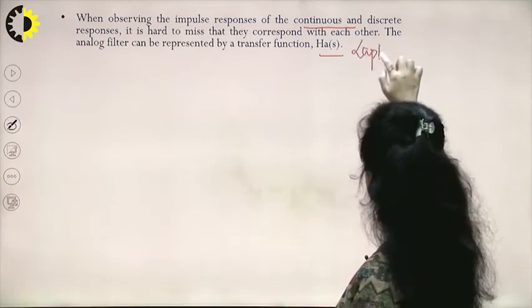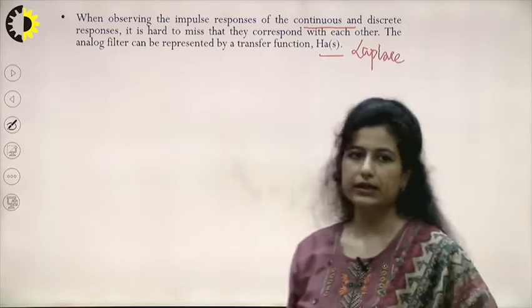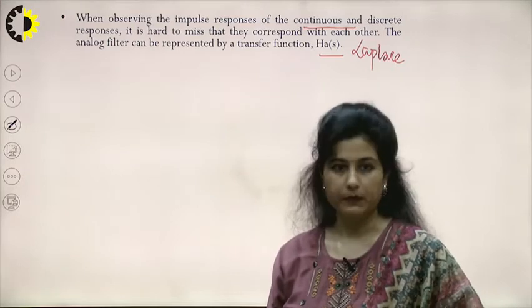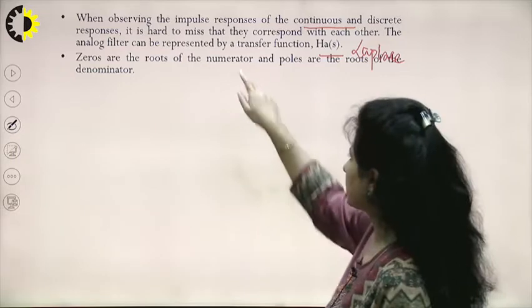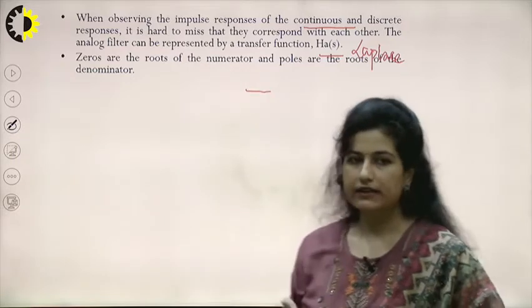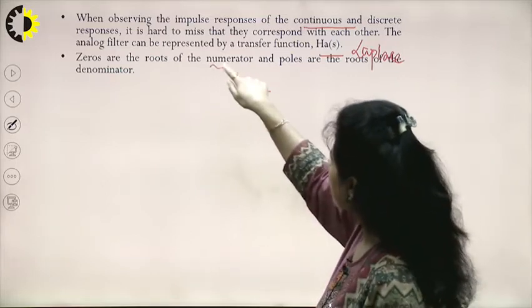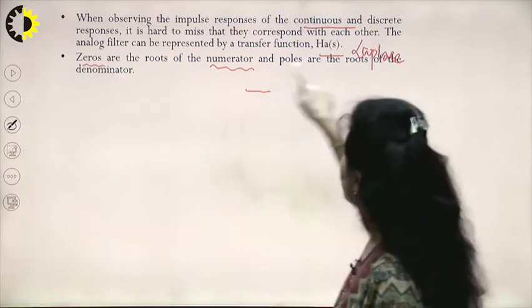Whenever I am representing a transfer function in the analog domain, I would be talking about the Laplace variable every time. Whenever we have a transfer function, we have a numerator in the form of a rational function, and we have a denominator. Whatever roots are there of the numerator and denominator, we call them the zeros and the poles of that particular transfer function.